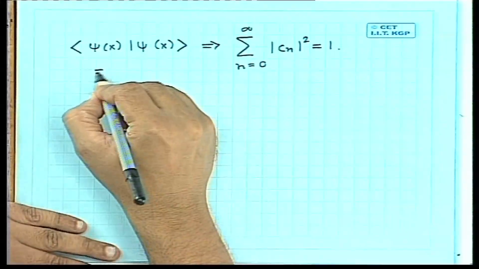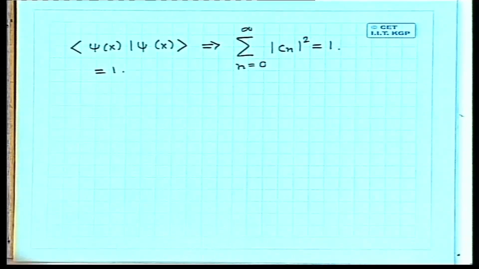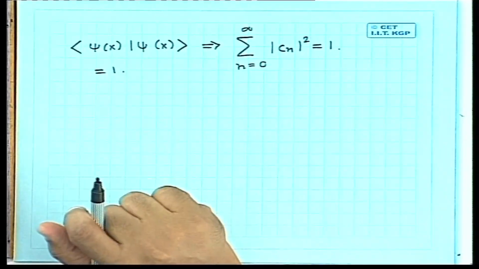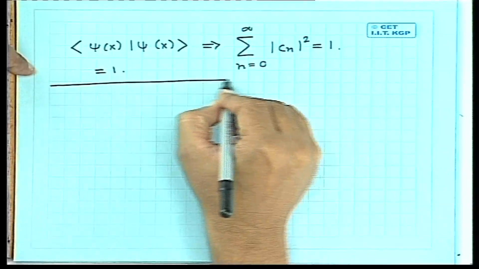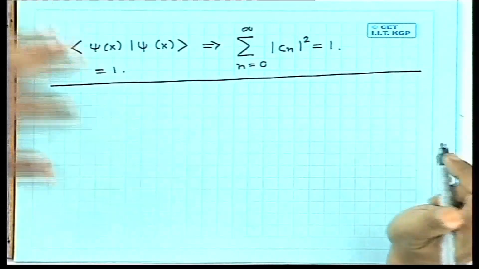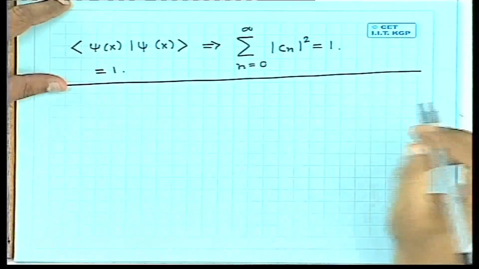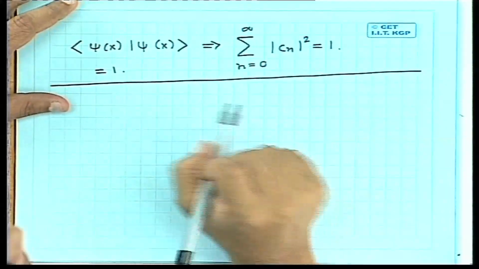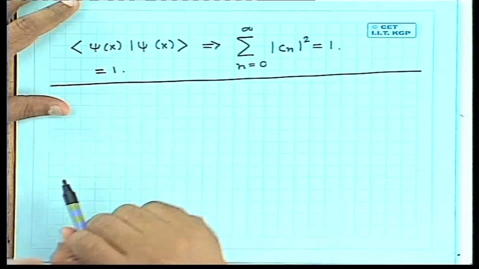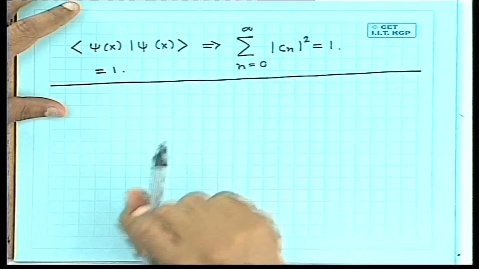These are all things which I had told you earlier in the general situation without reference to a particular problem. Now we are actually encountering them again with reference to the simple harmonic oscillator problem. Okay.